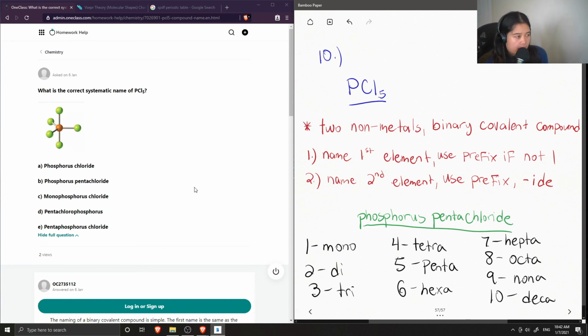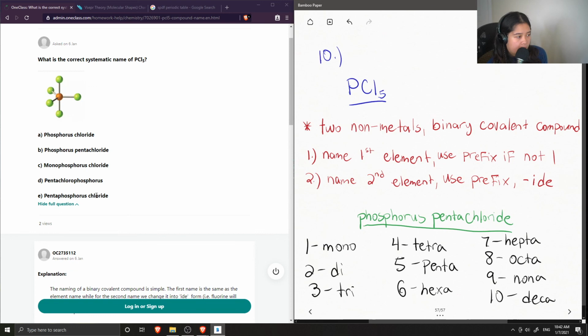Okay, so let's look at all the options they give in the question. Phosphorus chloride. This is incorrect since we don't know how many chlorine atoms there are. Phosphorus pentachloride, so that is our answer. Let's just write that down. Monophosphorus chloride.